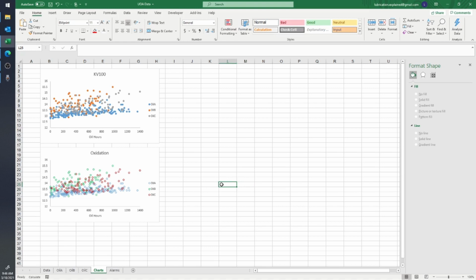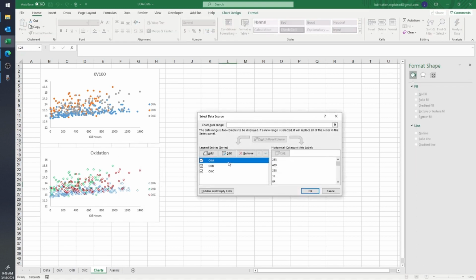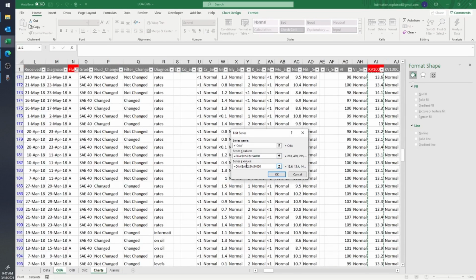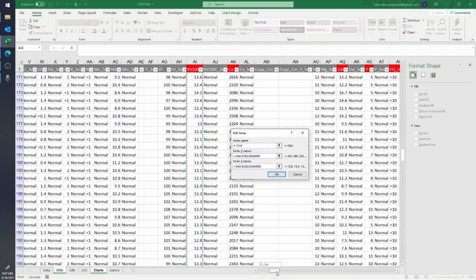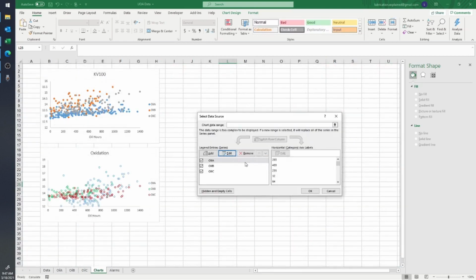All right, so now all I have to do is, because the x-axis is going to stay the same, change the y-axis values. So what I need to do is scroll across to oxidation, which is AQ, and change that single letter, and it will update the chart for me.